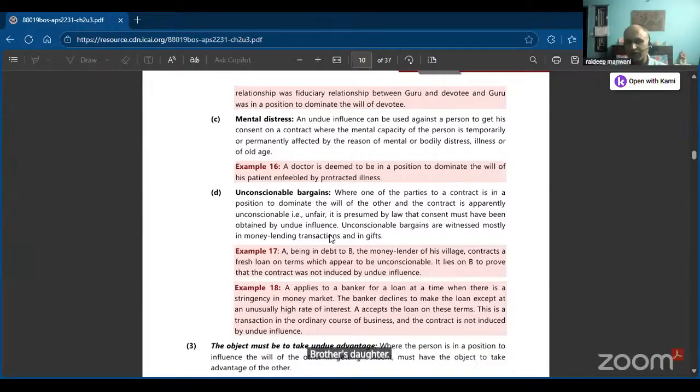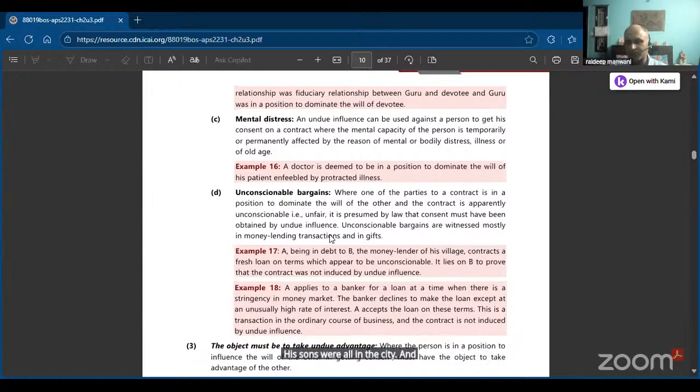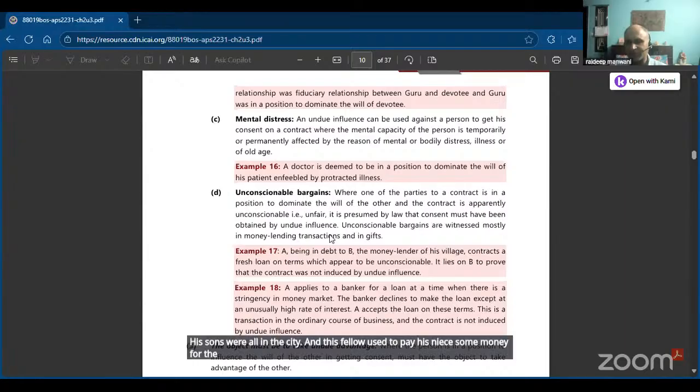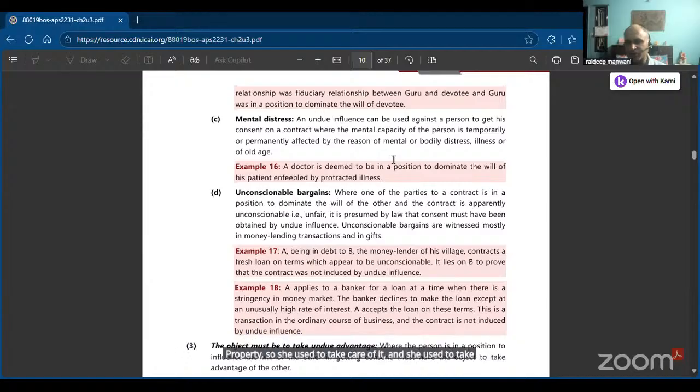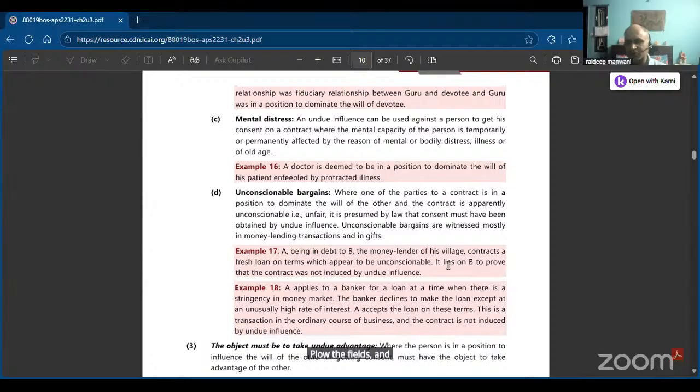She used to take care of his fields and his property. His sons were all in the city, and he used to pay his niece some money for the maintenance of his land and property. She used to water the plants, plow the fields, and he used to pay her some maintenance.